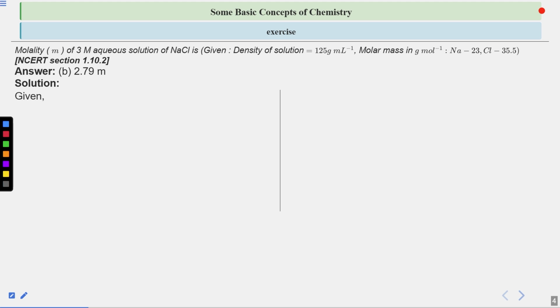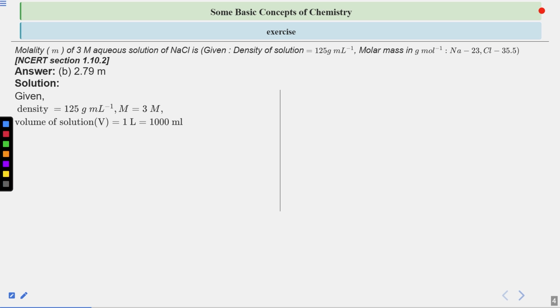First of all, what are the things that are given? We have the density and the molarity as 3M. If the molarity is 3 capital M, it means 3 moles are present in 1 liter.